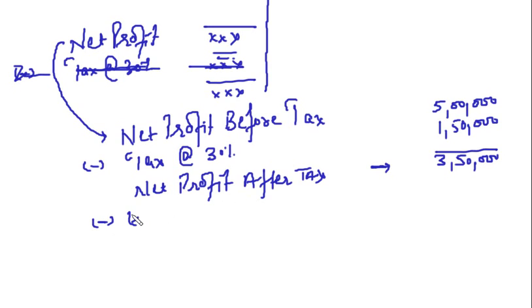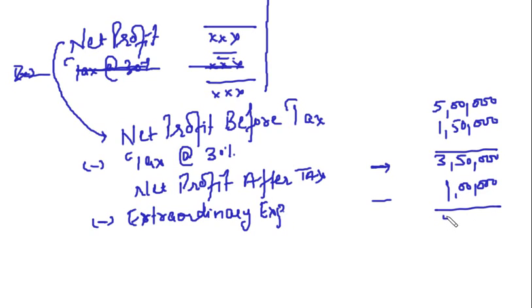So extraordinary expense, say 1 lakh. So what is the actual amount that you have pocketed? 2,50,000. Clear?